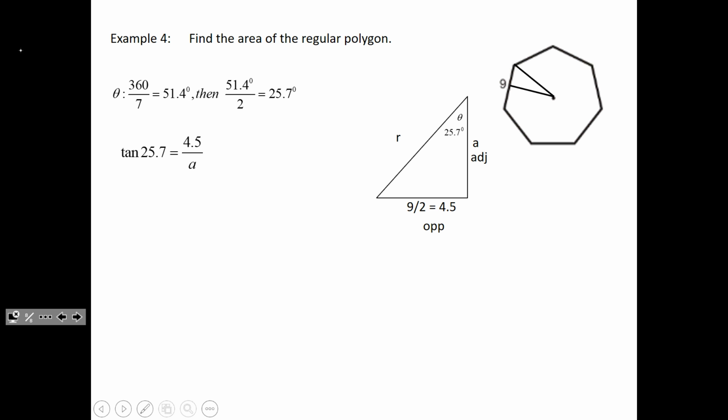So how am I going to get A out of the bottom of that fraction? Multiply both sides. Very good. So I have A times tangent of 25.7 equals 4.5. Very good. So we would have 4.5 divided by tangent of 25.7.